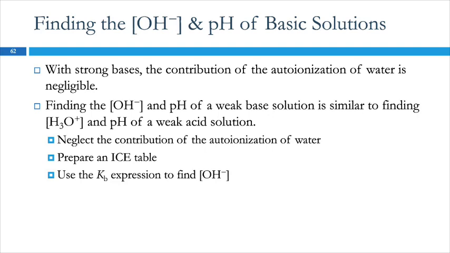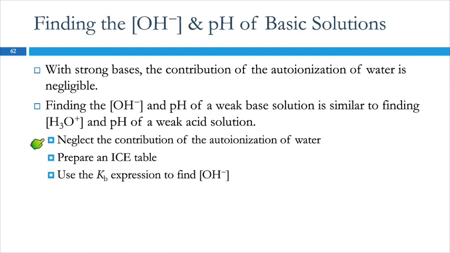So, as with strong acids, with strong bases there is autoionization of water, but the contribution of it is so small it's negligible, we can ignore it. So, for weak base solutions, we're going to have a similar process to what we did with the weak acid.